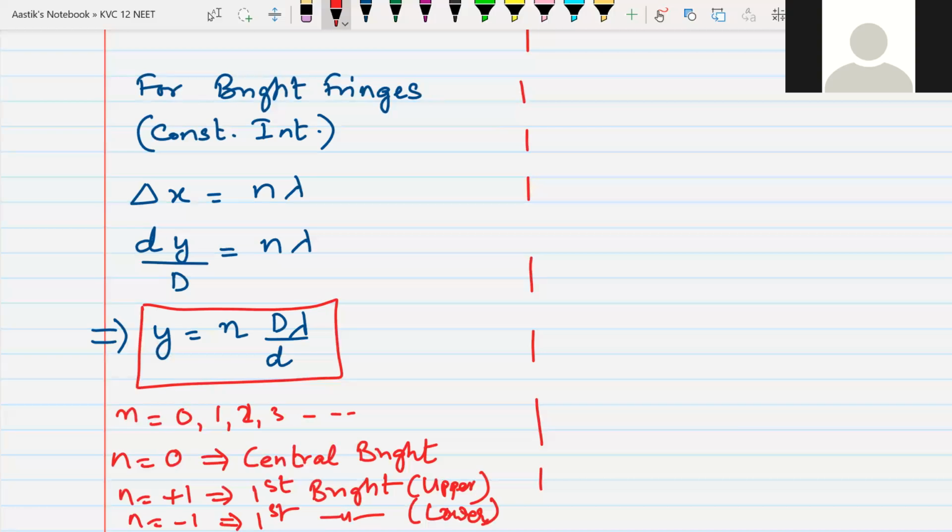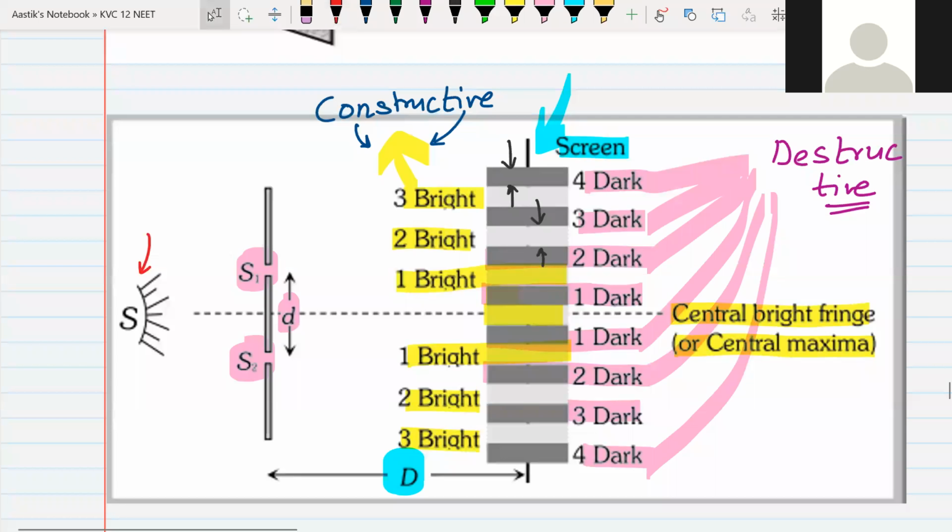So we have noted up till here, and I'll just show you in the diagram so that it becomes absolutely clear. If you have drawn the diagram, you can also note it. Let us get back to the diagram that we had drawn. Now I will write the values of n for bright fringes. This one will be n equal to 0.